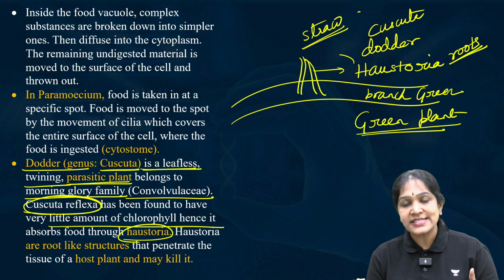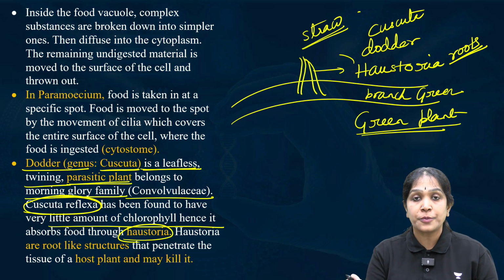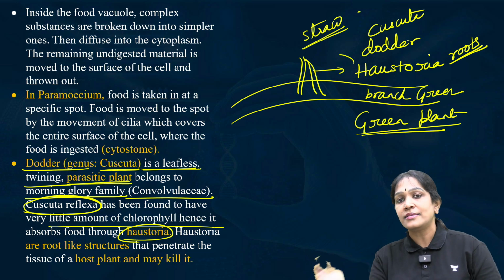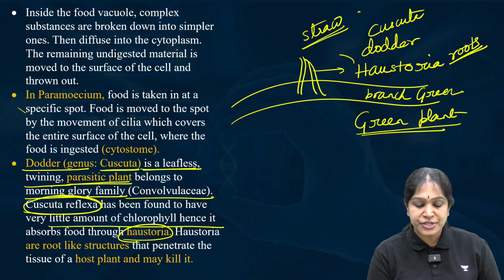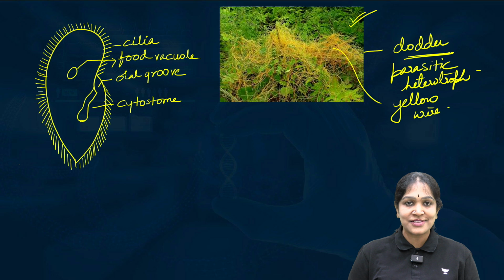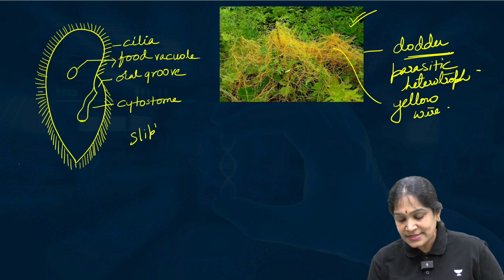Let us see one more example for heterotrophic nutrition, where the organism cannot produce food but consumes it from other sources, that is paramecium. If you remember from the school days, some nostalgic memories, a slipper shaped microorganism.